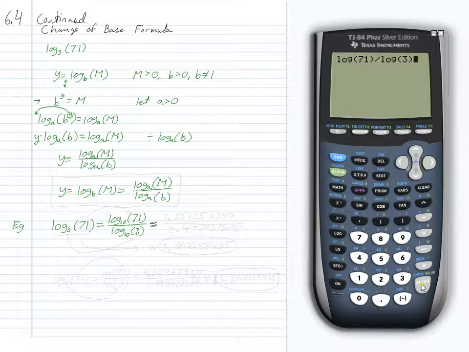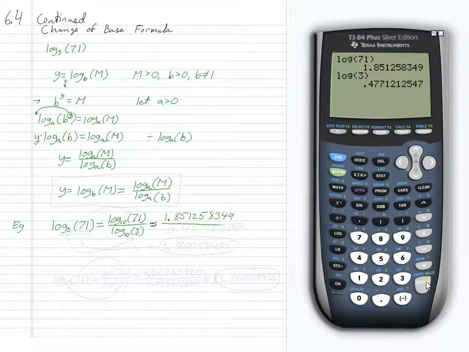I am finding that the log of 71 is approximately 1.851258349, and the logarithm of 3, the common log that is, 0.4771212547.